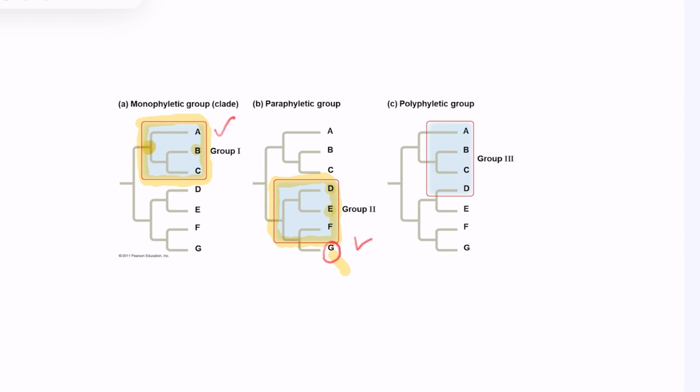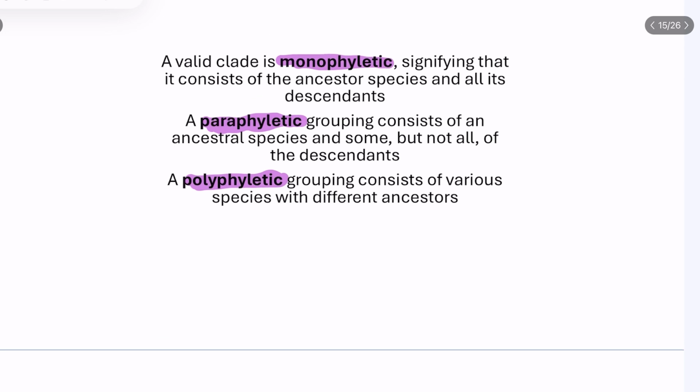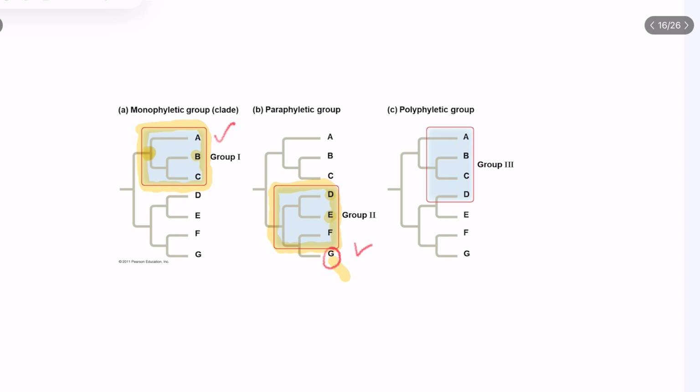Now, you can see the polyphyletic clade here, and a polyphyletic grouping consists of various species with different ancestors. You can see here that A, B, C are a monophyletic clade and the common ancestor is here.